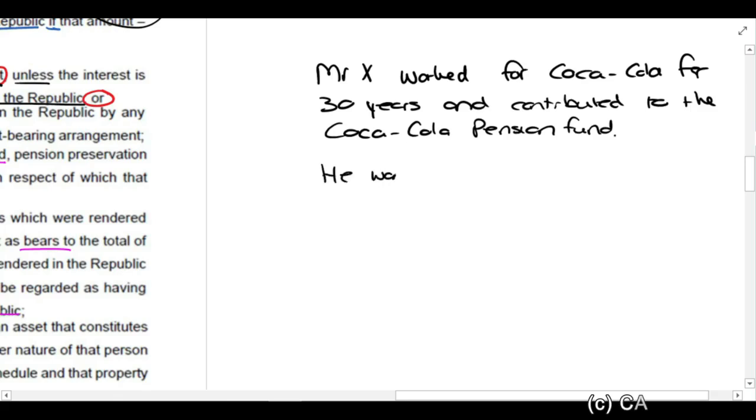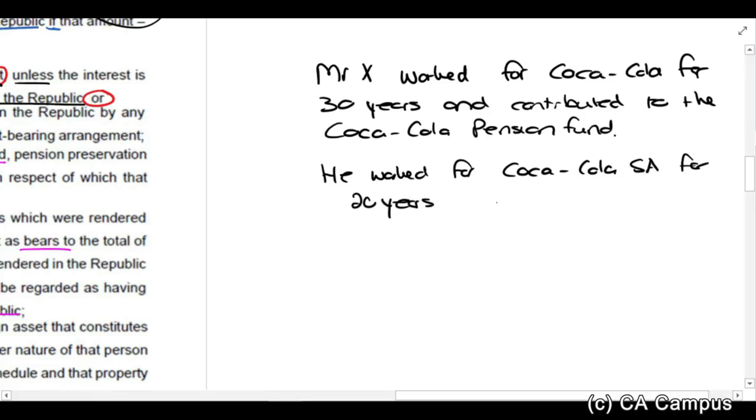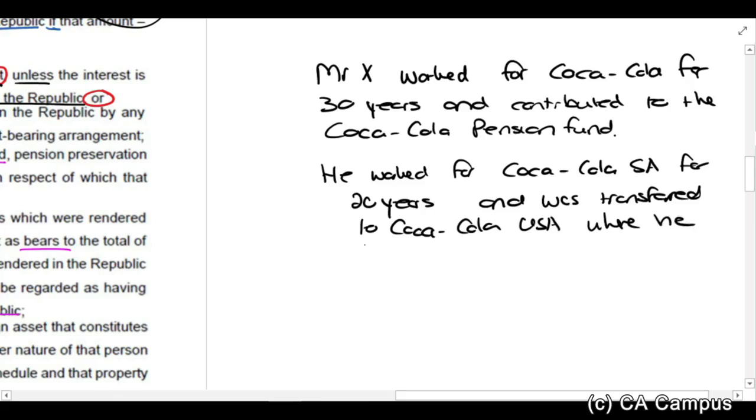He worked for Coca-Cola South Africa for 20 years and was transferred to Coca-Cola USA, where he worked for 10 years. Okay, so he worked 30 years in total. 20 years were in South Africa and 10 years were in the USA.